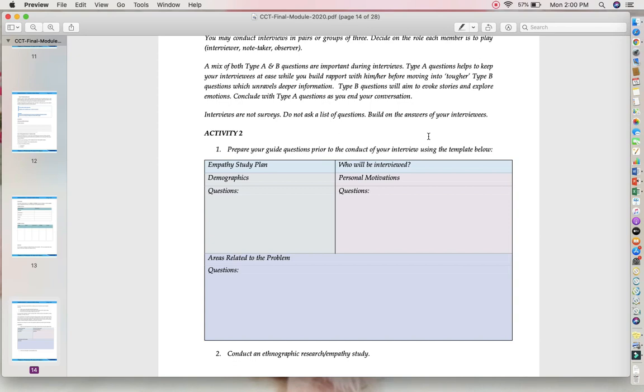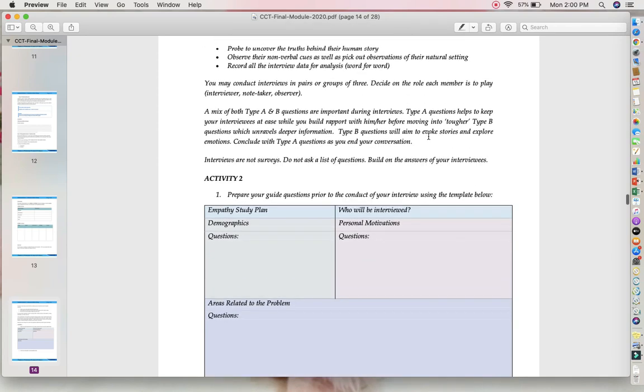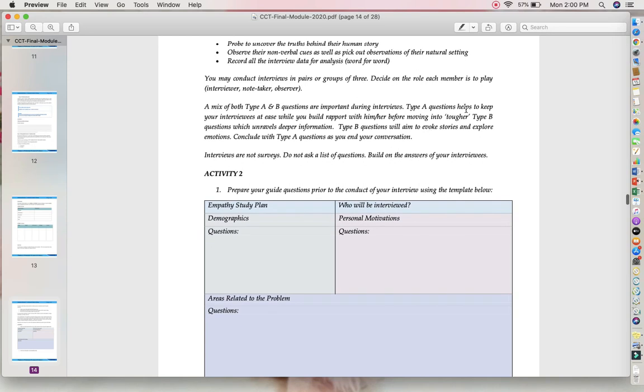Okay, so what are type A questions and what are type B questions? When we say type A questions, they are just questions easy to answer. But type B questions are questions which will be answered by their story.